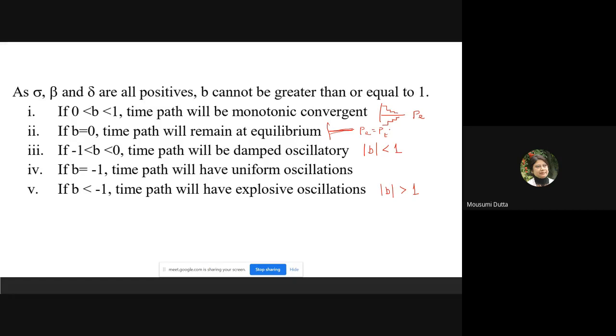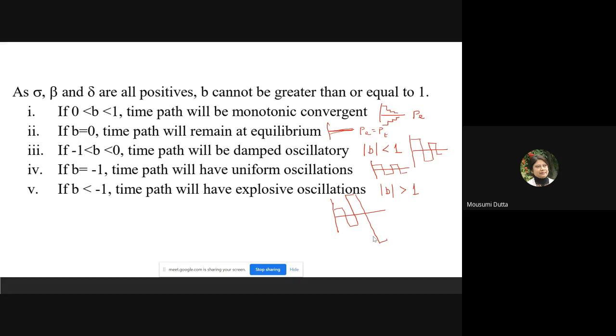Third case, damped oscillator. Fourth case, uniform oscillator. And finally, explosive oscillations.